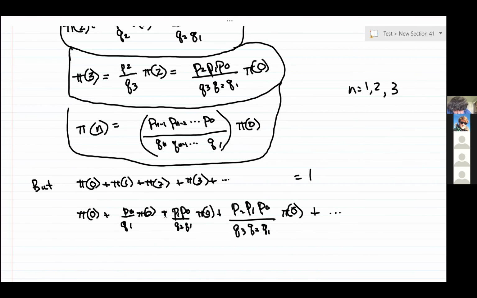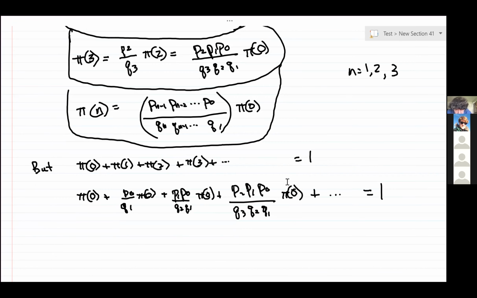Oh, well, what's bothering me is I didn't complete the equation. This all equals 1. That's over here. So factor out the pi 0.